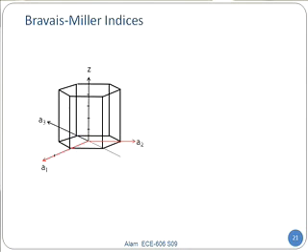Now, one other thing people often use for hexagonal lattices, just for convenience, is something called a Bravais-Miller index. Let's see how that works.